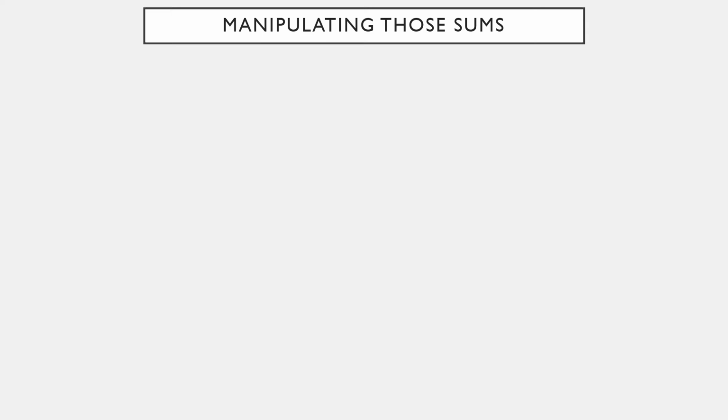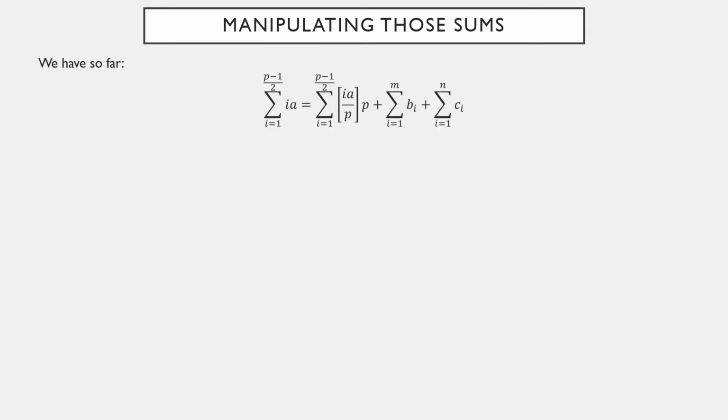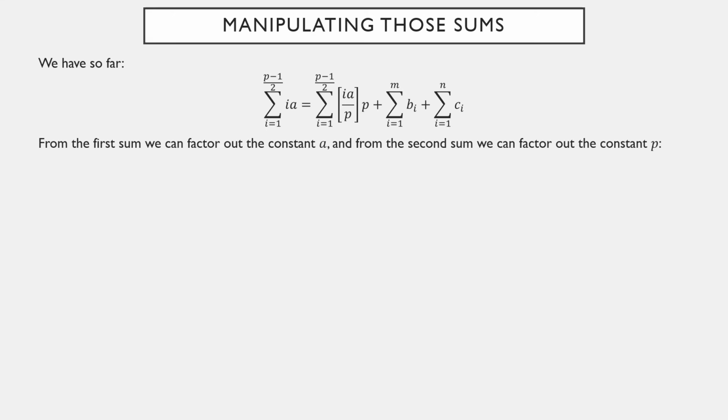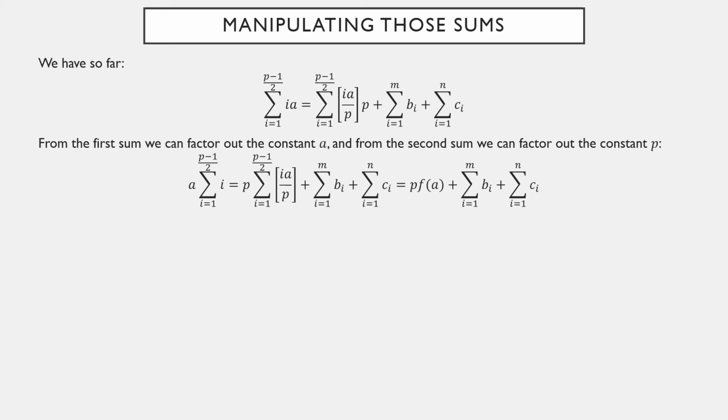All right, so now we're going to play around with these various sums we've generated. So far we've written this. Remember, the BI's are the small remainders and the CI's are the big ones. From the first sum, we can factor out the constant A. And from the second sum, in other words, the first one on the right-hand side, we can factor out the constant P. In which case we get this.